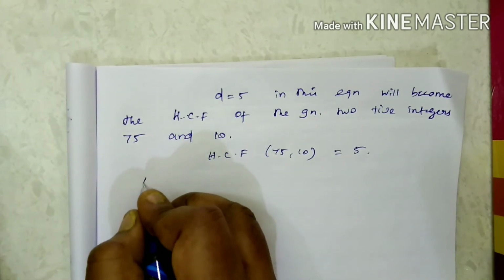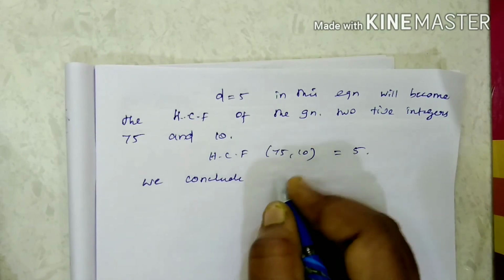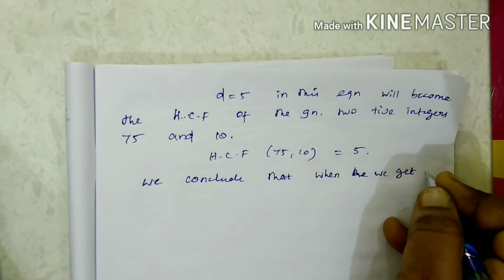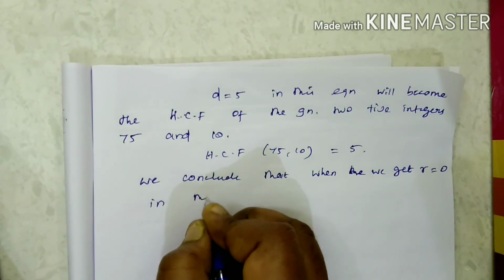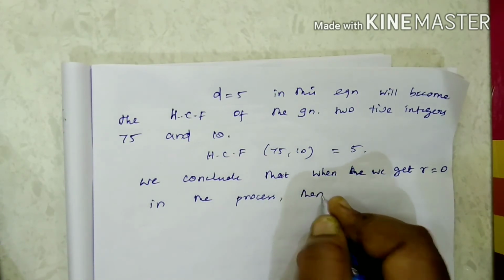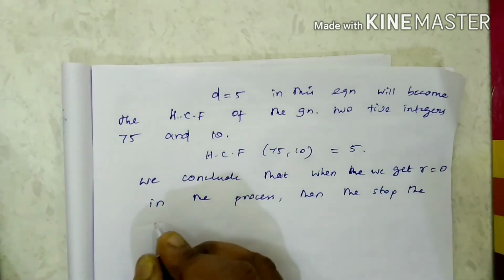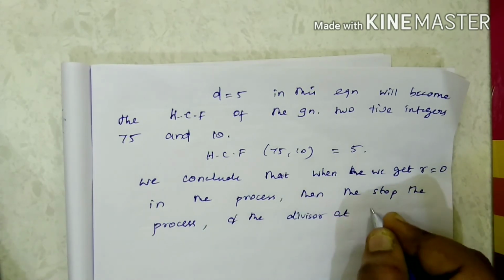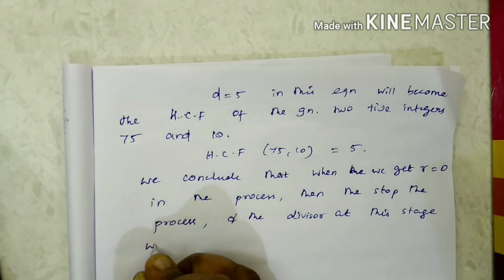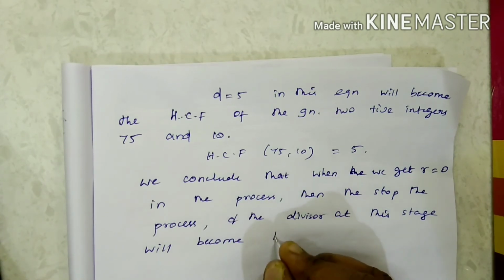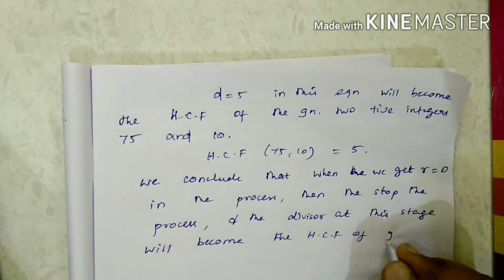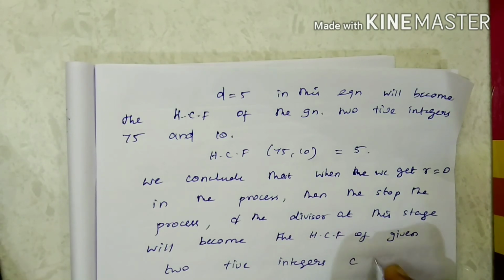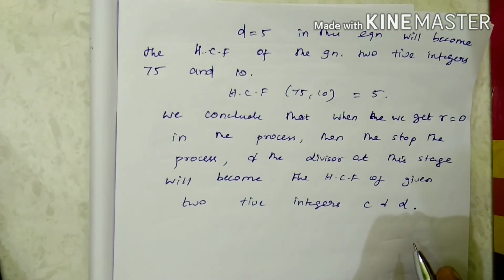So from step 3 we can conclude that when we get r equal to 0 in the process, we can stop the process, and the divisor at this stage will become the HCF of the given two positive integers C and D. Hence our algorithm is proved.